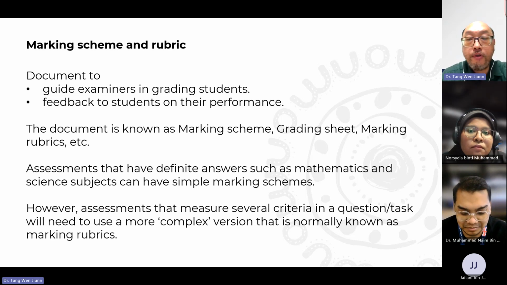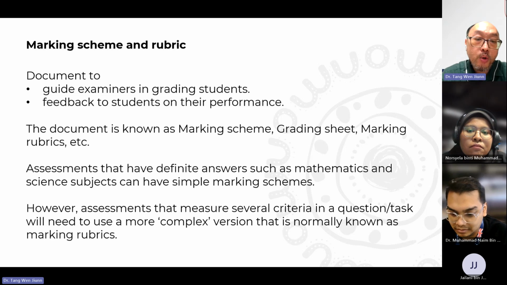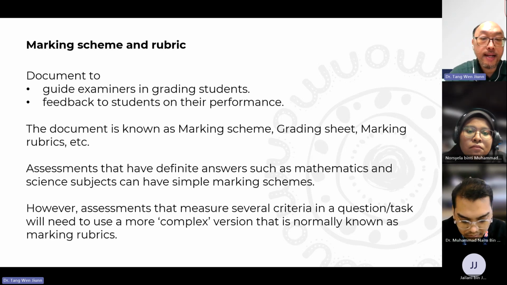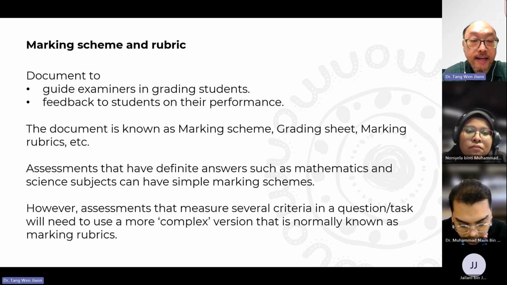So if your assessment requires straightforward, definite answers, then we use a marking scheme. It's a simple one. But if you have to assess different criteria with different complexity, then we use marking rubrics.